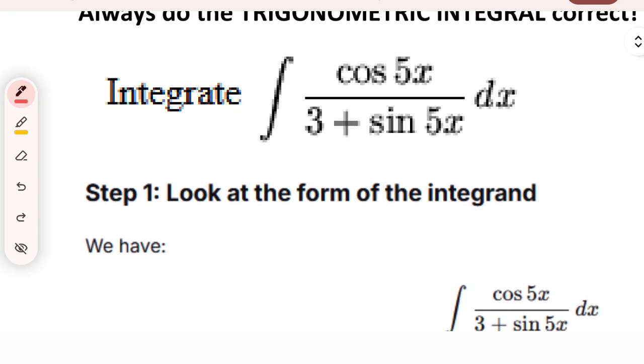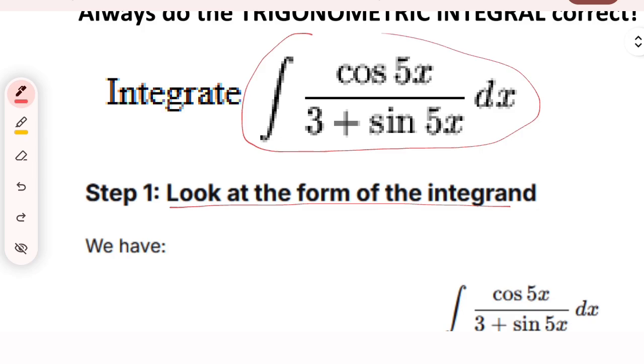So the moment you see this integral, how do you solve it? What would be your options? What would be your strategy in solving this integral? The very first step is to always look at the form of the integrand.